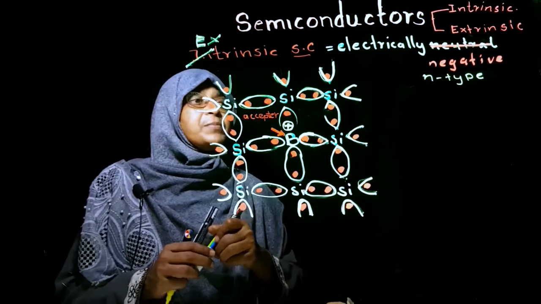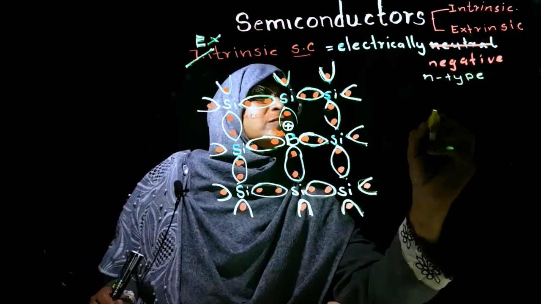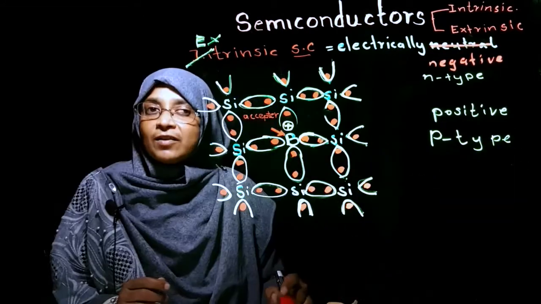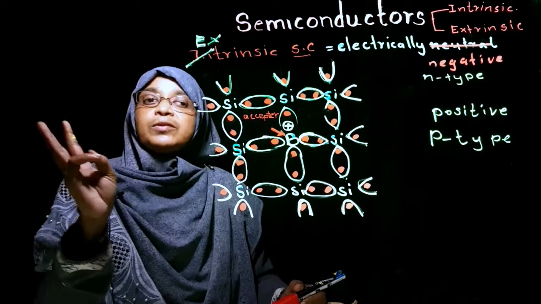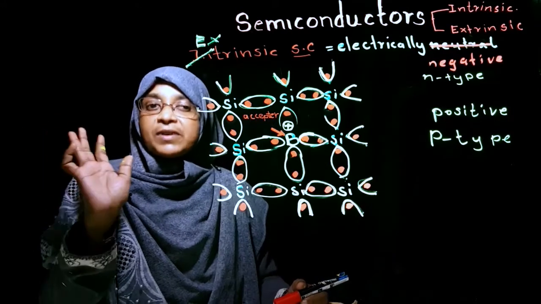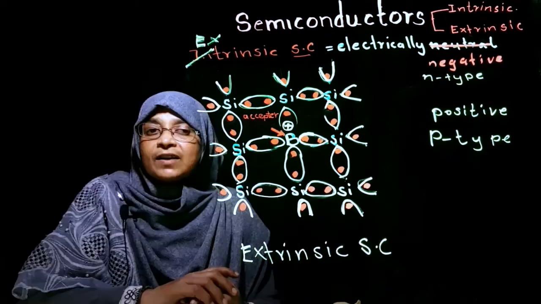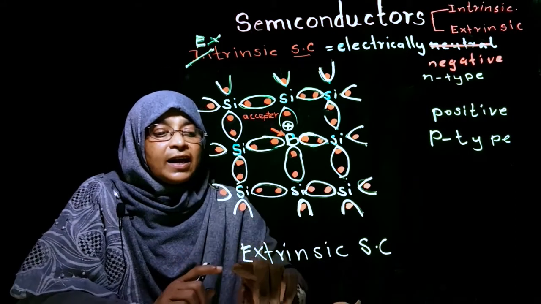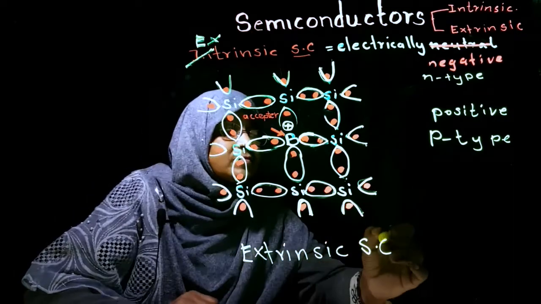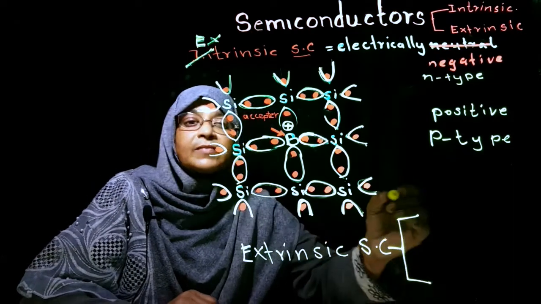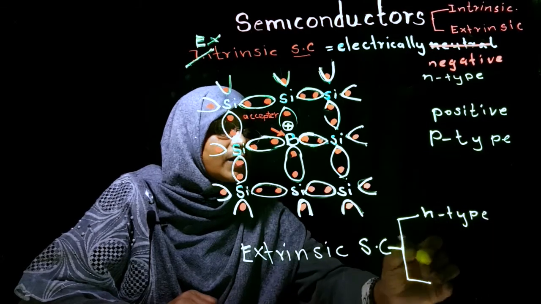So this type is called P-type. Now we can conclude that extrinsic semiconductors are of 2 types: N-type and P-type.